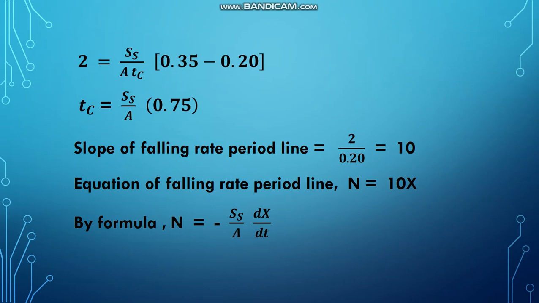Taking the slope of the falling rate period line, we get 2 by 0.2, which is equal to 10. So the equation of the falling rate period line is N equal to slope into x, that is N equal to 10x. As we already know, N is equal to minus Ss by A dx by dt.